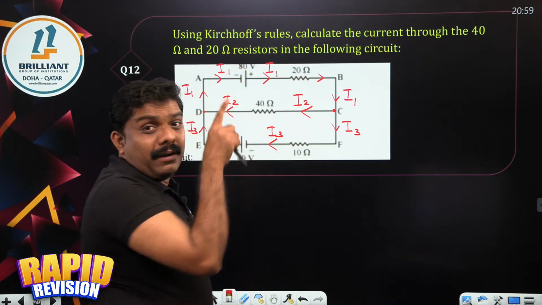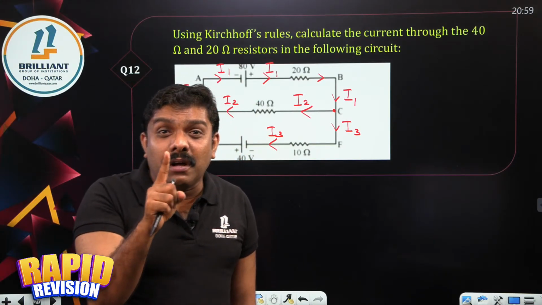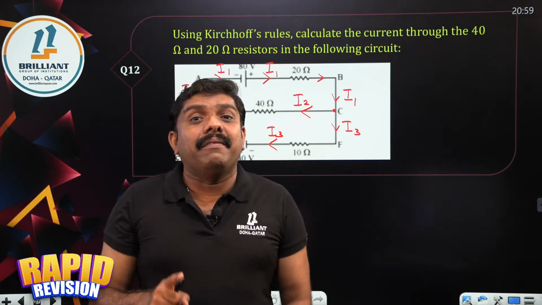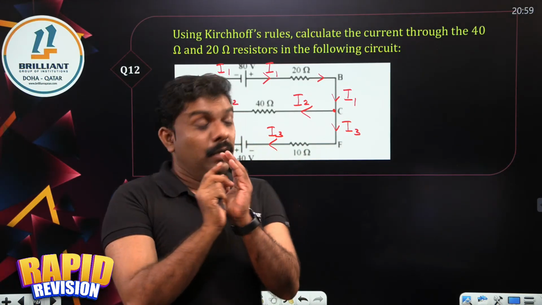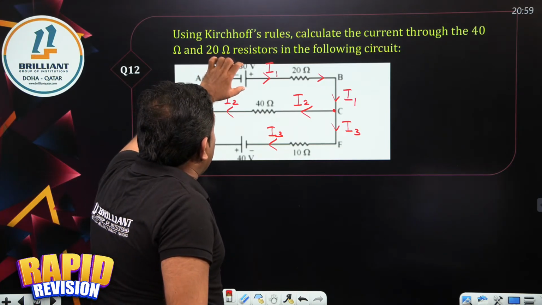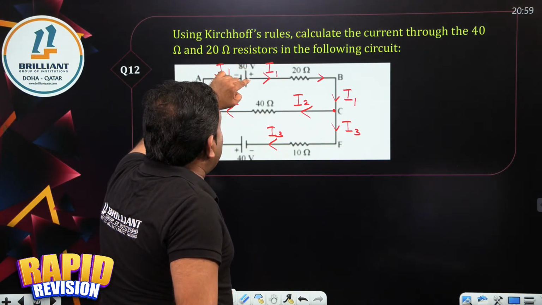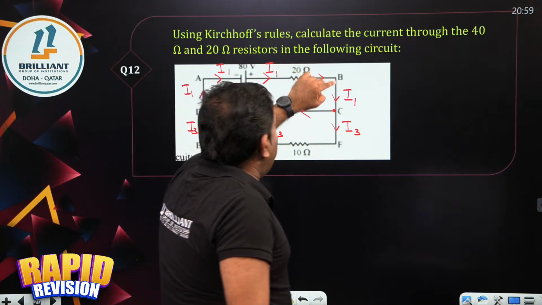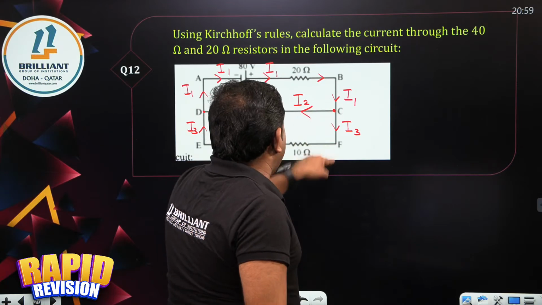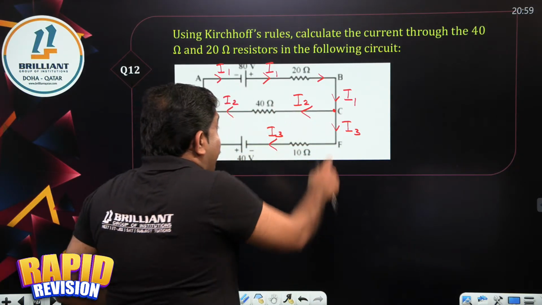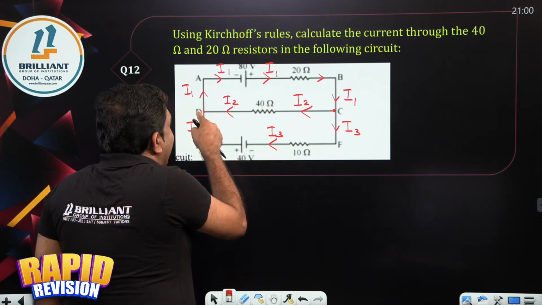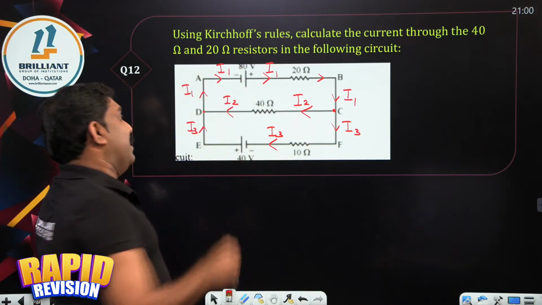Now I am repeating once more. If the direction of current is not given, start from the cell having highest EMF. Highest EMF is 80 volt. Starting from that cell, I start the current I1. I1 flows and reaches the point C, where it splits into two, I2 and I3. I2 flows like this, I3 flows in this manner, and I2 and I3 are added here and become I1.